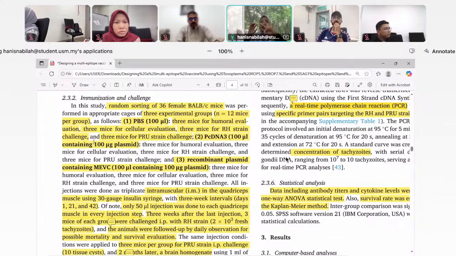From these 3 groups, they divided into 4 subgroups: one for humoral stimulation, the second for cellular evaluation, and the third and fourth for strain challenge.